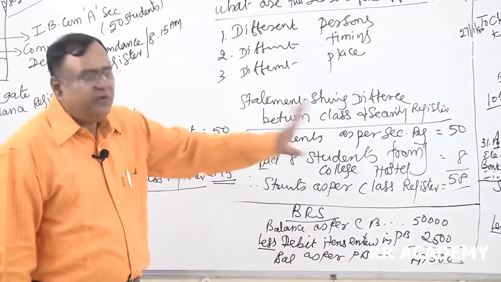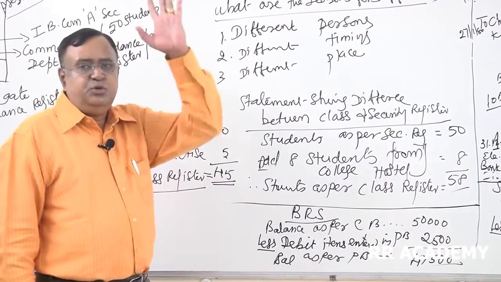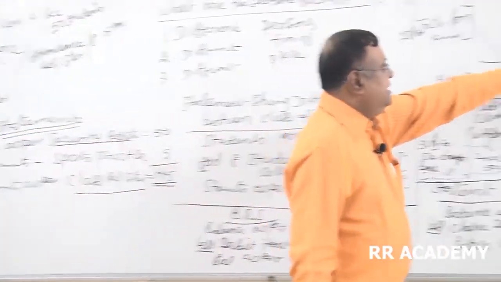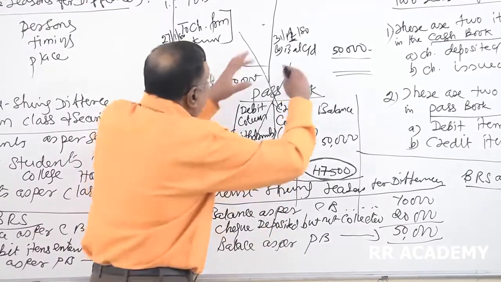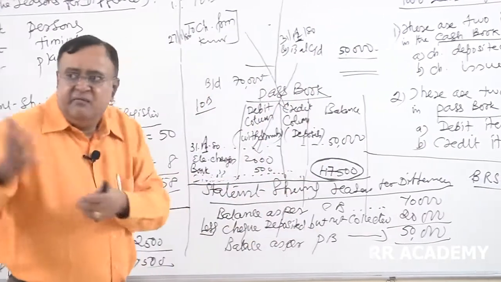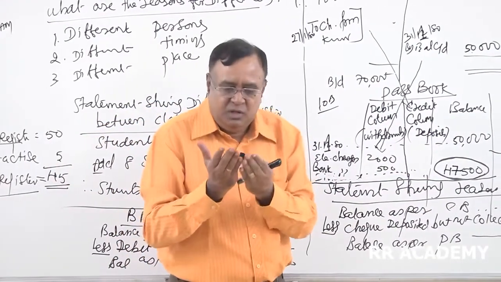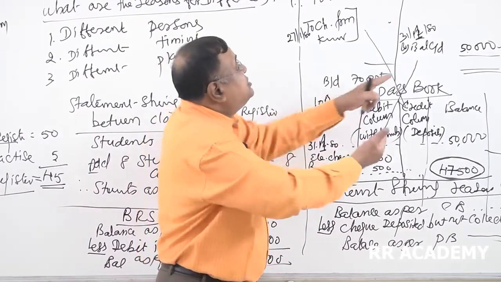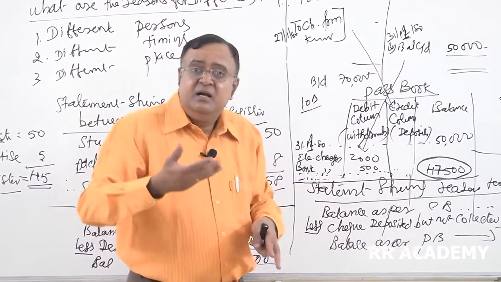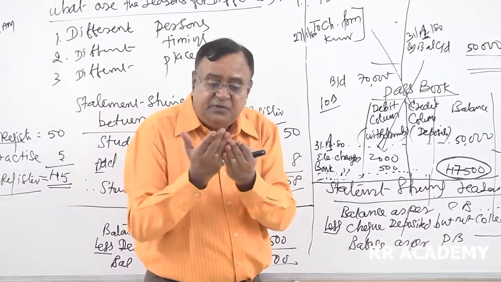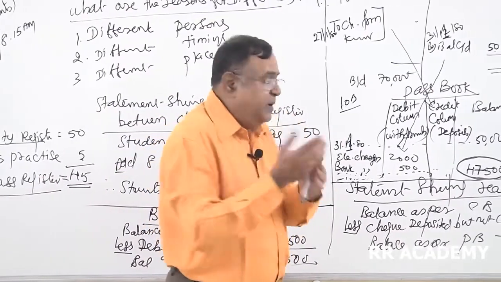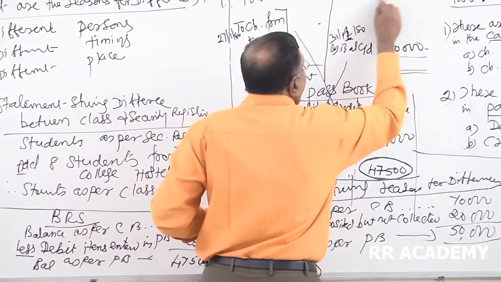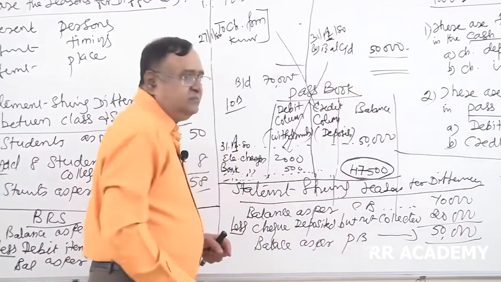Sir, 47,500 only, the balance, you issue a check, not 50,000, sir. When will our balance change? When we receive the passbook, next month, February 3rd, 4th or 5th, after going through the passbook, we will enter it here.